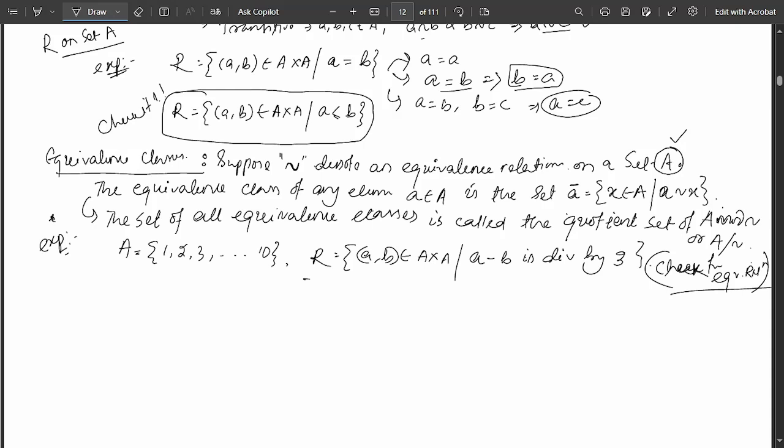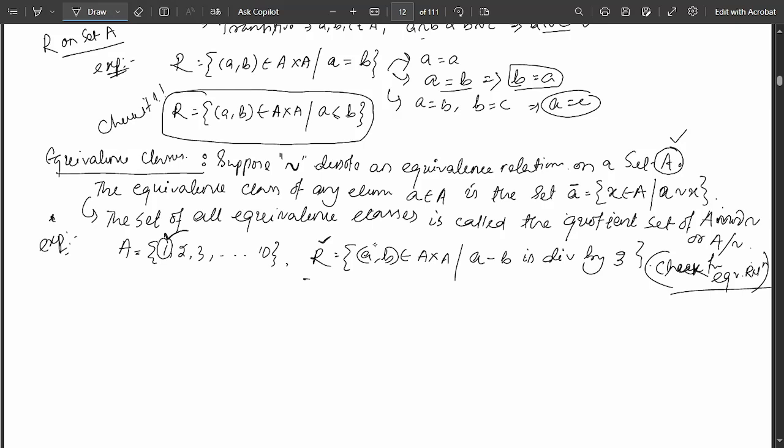Suppose what will be the equivalence class of 1? Here the relation R is an equivalence relation. Every element of the set A that satisfies the equivalence condition with the element 1 is in the equivalence class of 1.